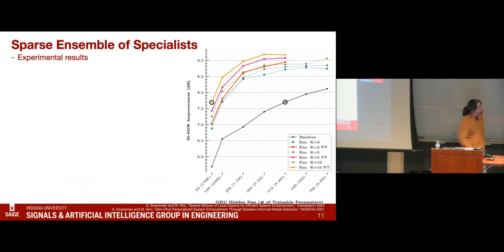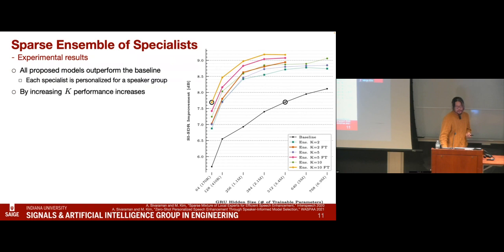So this is the result from the speaker specific models. And as you can see here, these lines are all the personalized models. And this black line is the result from the baseline model that's not personalized. So with the personalization, we can improve the performance by a lot.